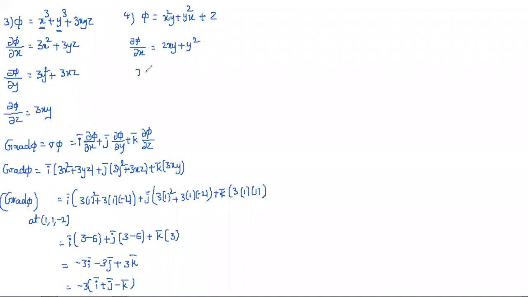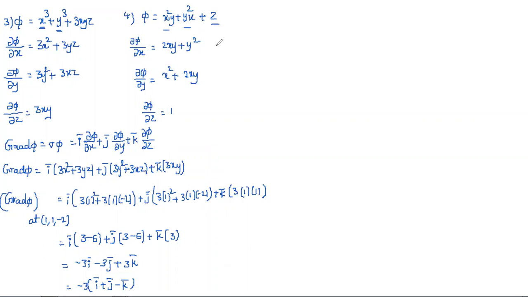Next, dou phi by dou y: with respect to y, x square stays as it is and the y square derivative is 2y, so that is 2xy. And next, dou phi by dou z: with respect to z the derivative is 1 only. There is no z term here and here also, and only here z, the derivative of z is 1. Now you can find grad phi.